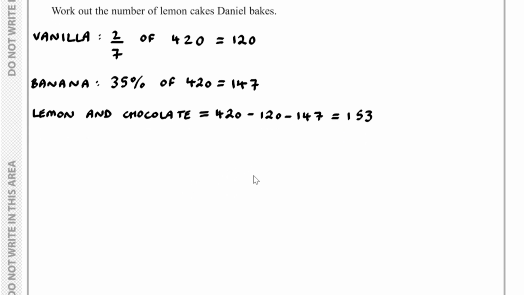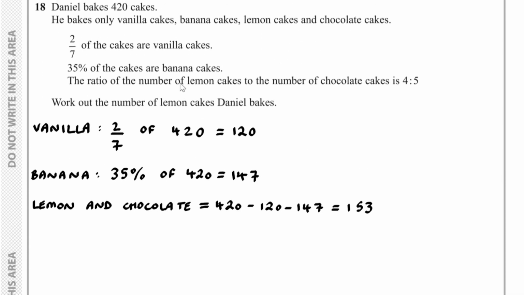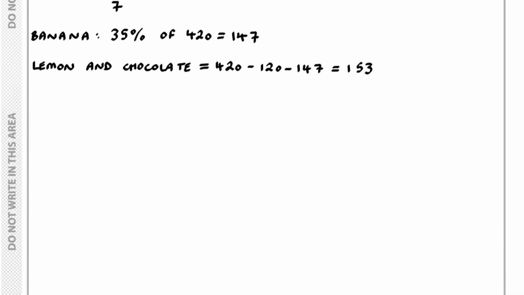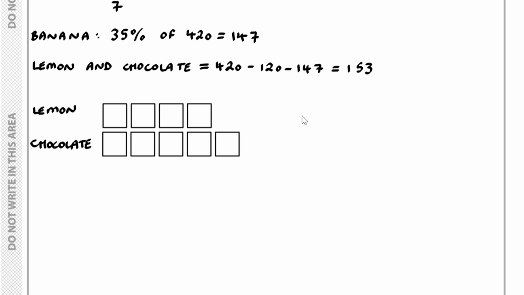And now what we need to do is find out the number of lemon cakes we've got. And we've got this ratio 4 to 5. So we've got lemon and chocolate. And what we know is this total is 153. So we've got 9 parts in total.